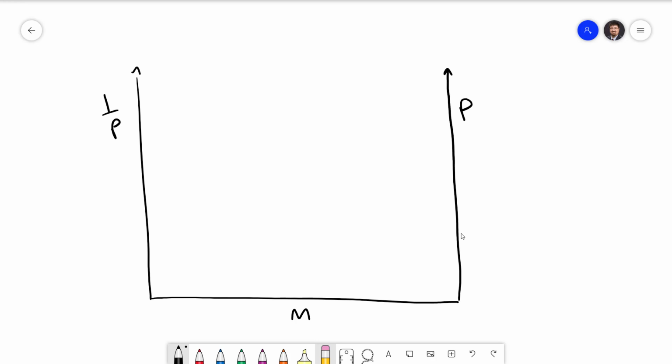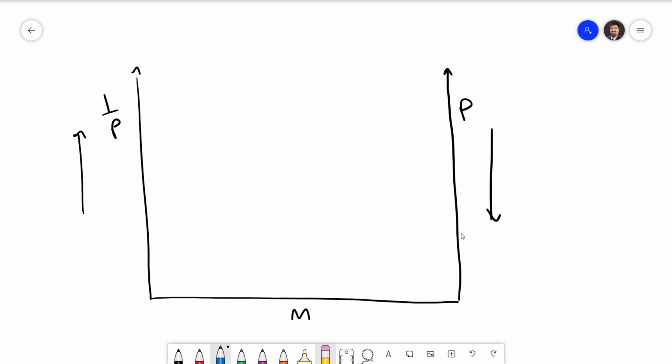Since 1 over P and P are inversely related, as the value of money goes up, the price level is going to go down. And so the P axis on the right is actually going to be inverted. Higher price levels are at the bottom of the graph, lower price levels are at the top of the graph.